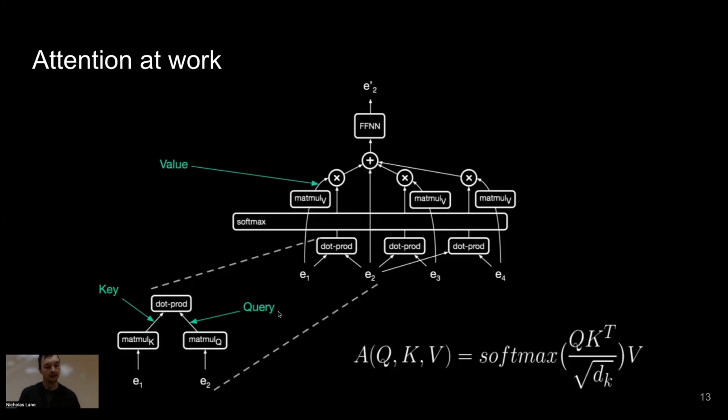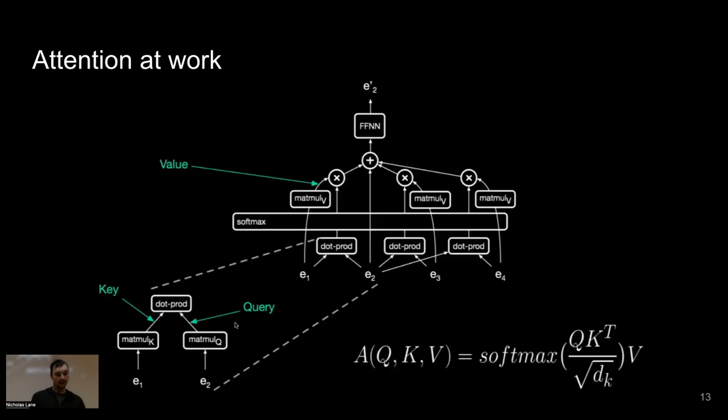The way to understand this is that the query term, which appears here, means we're going to query the adjacent word, E1, based on updating the representation of E2. We're going to see how much the representation of E2 should be revised by the value of E1. So that's what's going on here.